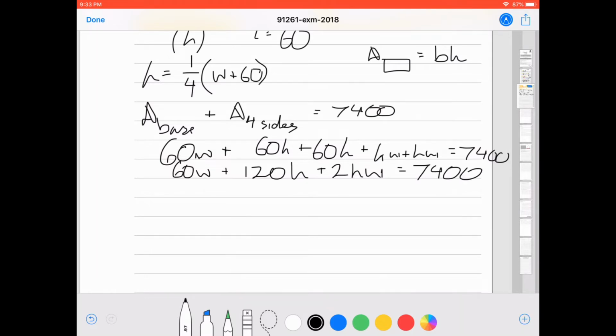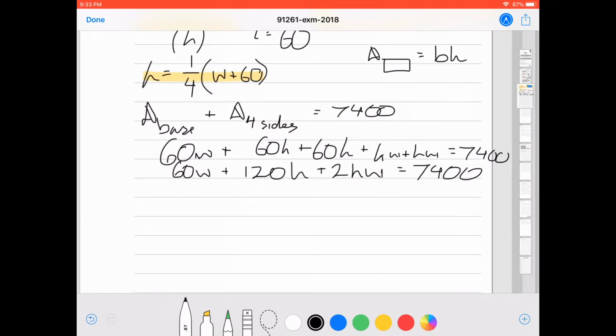And so what to do now? Basically, we can't really go any further, and so at this point, let's look at our expression that we formed earlier on for h. h equals 1/4 (w plus 60). So we can actually substitute that into our equation.